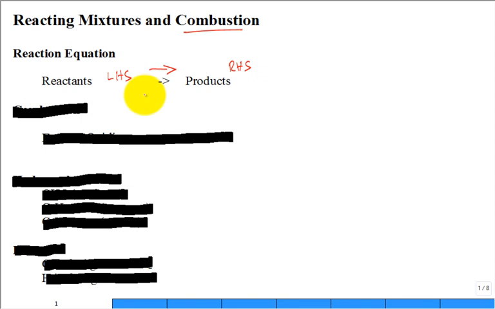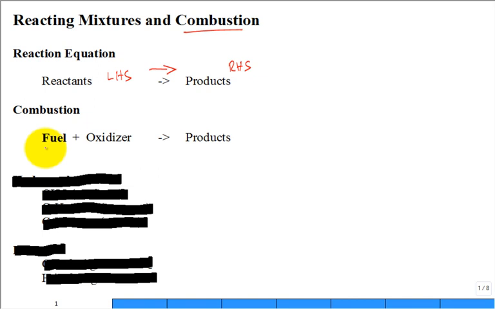All right. So combustion. What's the key for combustion? You need a fuel. And so we have basically a fuel plus an oxidizer. Now, oxidizer is a very general term, but guess what our oxidizer is? Oxygen. We're not going to get innovative and start having different oxidizers.